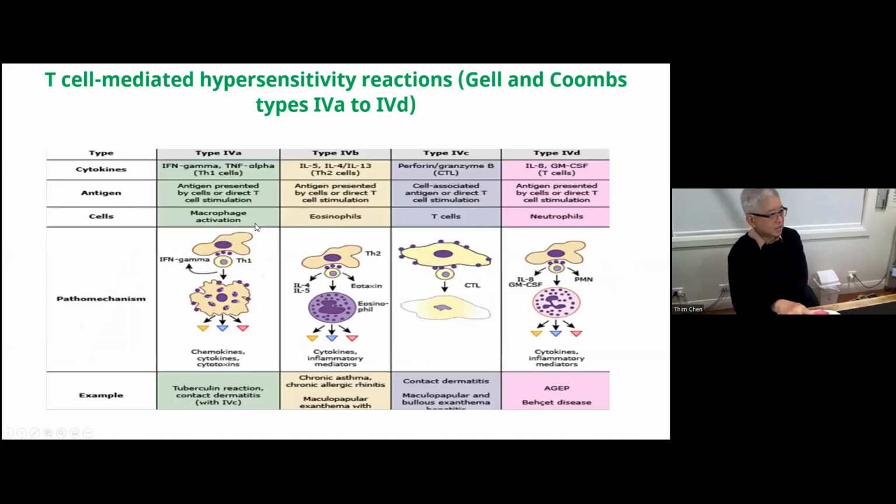So when I first did immunology, when I did microbiology, we had type 4C, but now of course we have type 4 A, B, C, and D as well. So whatever, for those who are in immunology or love a bit of immunology, macular papular actually belongs to type 4C. So asthma is type 4B.